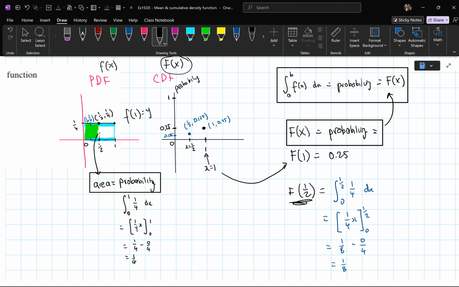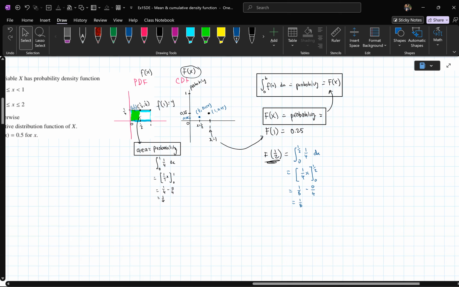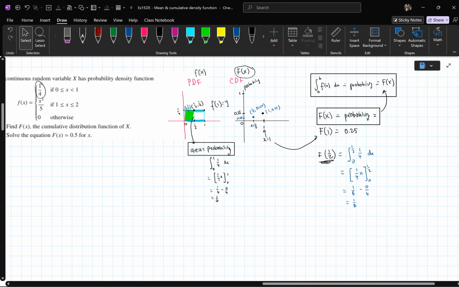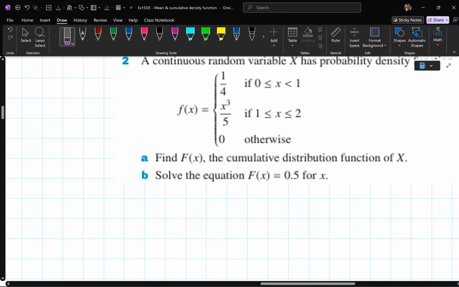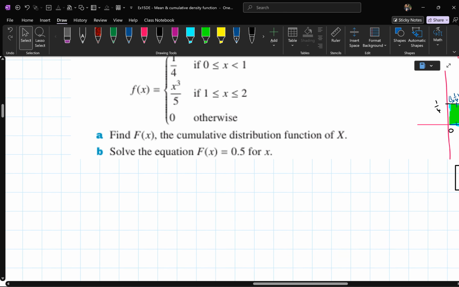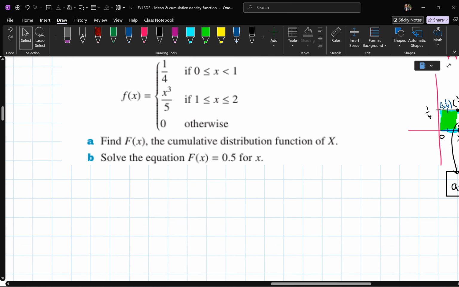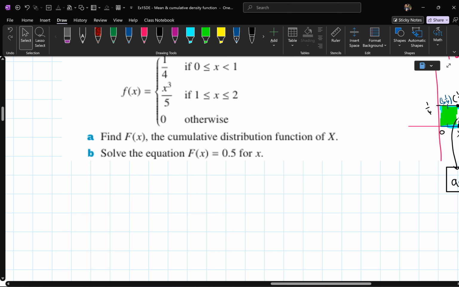So when we ask you to find the function, it is just the result of finding the antiderivative between a certain interval. So in our case, hopefully that clarifies the theory there and the difference between the two. So if I were to answer this question, the first part of it says find capital F of x, which means find the functions for each interval.